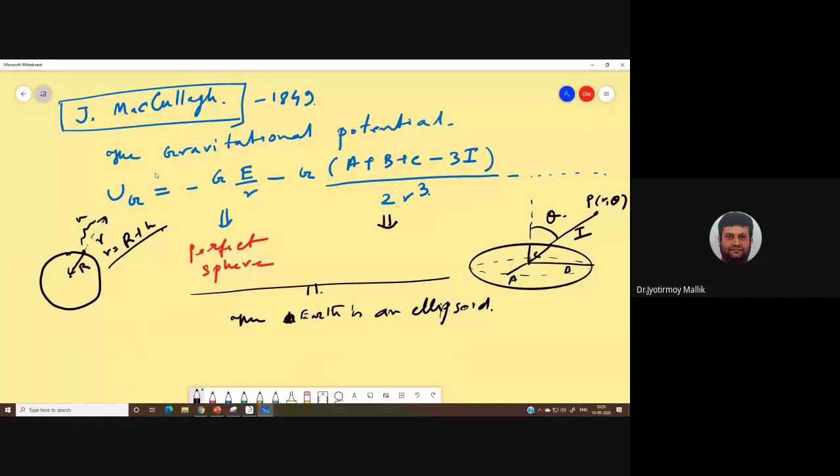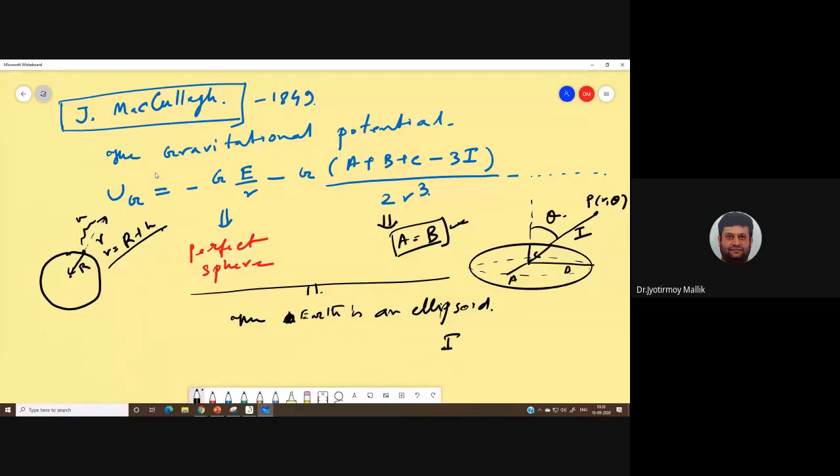Now, this essentially accounts for the ellipsoid. Things get a bit more complicated now. Let us say A is equal to B, let's just have that assumption in place.